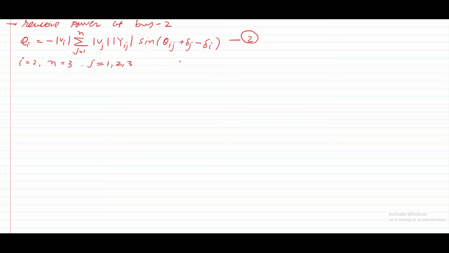Again I will not write all the equations. After substituting all these values, we will get the final value Q2 at bus number 2, which is minus 2.28 per unit. So this is the final value of reactive power.